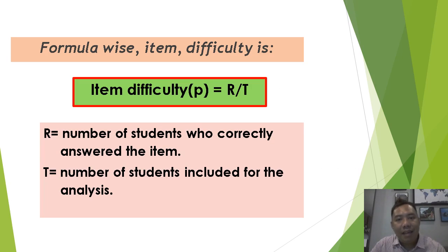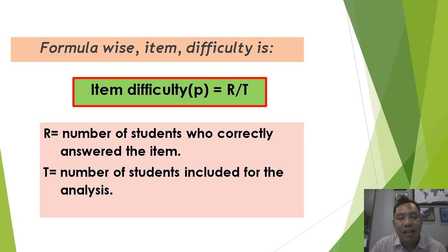Formula-wise, item difficulty, or letter P, equals R divided by T, where R represents the number of students who correctly answered the item, and T is the number of students included for the analysis.